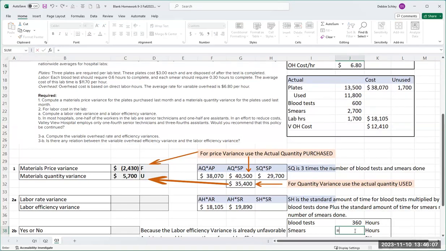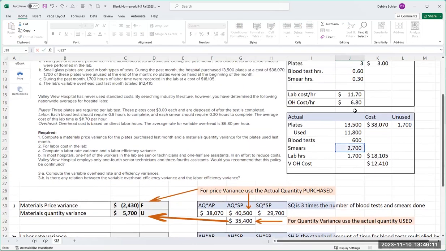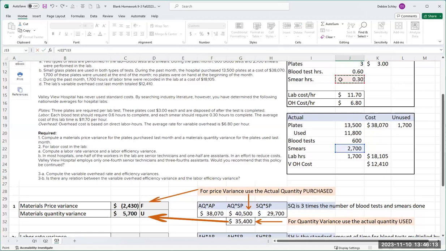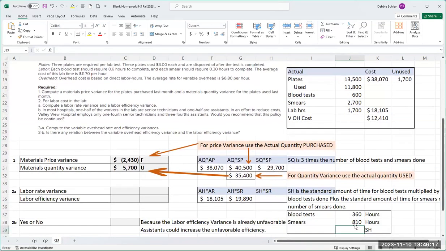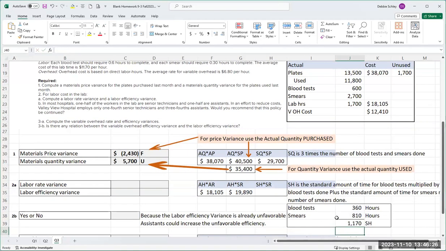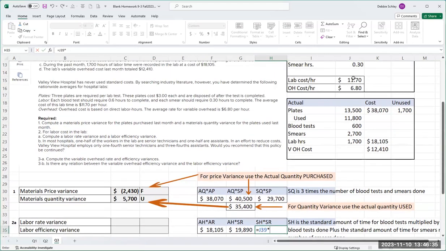And then smears, it is going to be the 27,000 times the portion of an hour it takes for each smear, which was 0.3. So now I can add those two up and it will give me SH, or standard hours. Okay, so now I can do equals standard hours times the standard rate of 11.70.